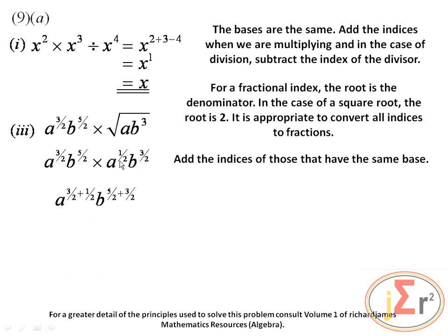The relationship is a multiplication, so we are adding the indices. So we have 3 over 2 plus 1 over 2 is 4 over 2, which is 2. And here we will have b to the power of 8 over 2, which is equal to 4. So a to the power of 2 and b to the power of 4.